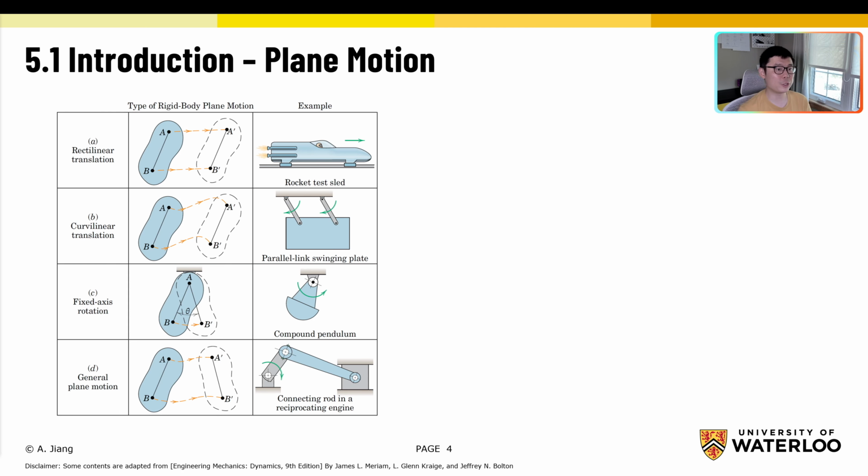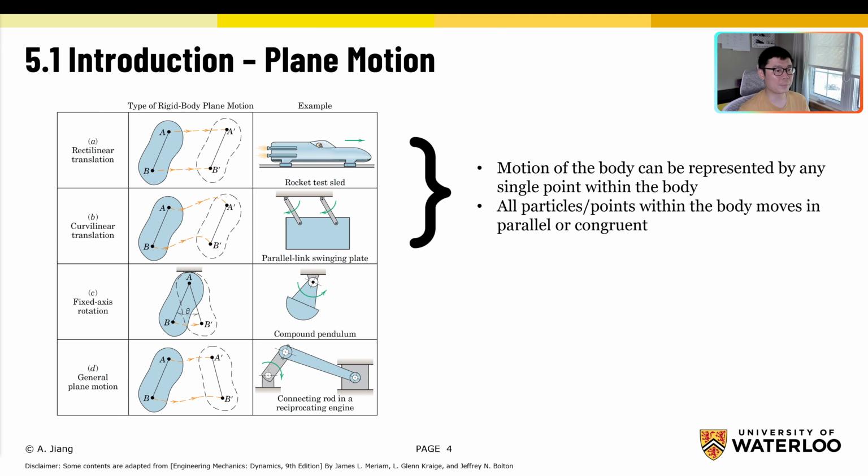In plane motion, or 2D motion, all motions can be summarized into 4 categories, but I would actually say there are only 3. Rectilinear and curvilinear translation can be summed together, as the motion of the body can be represented by any single point within the body, and all points within the body move in parallel in the same way.